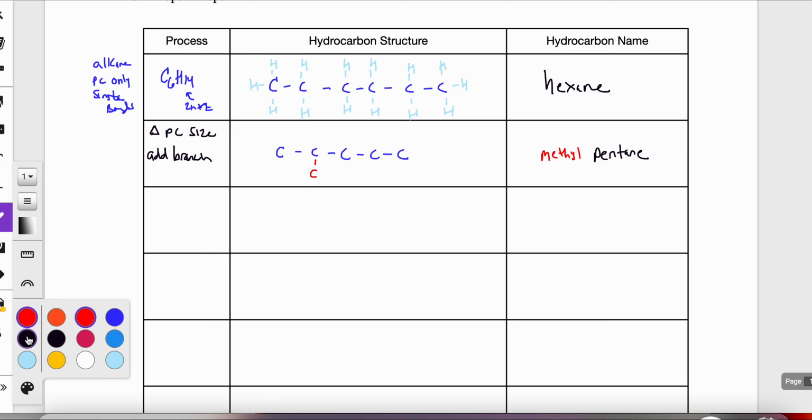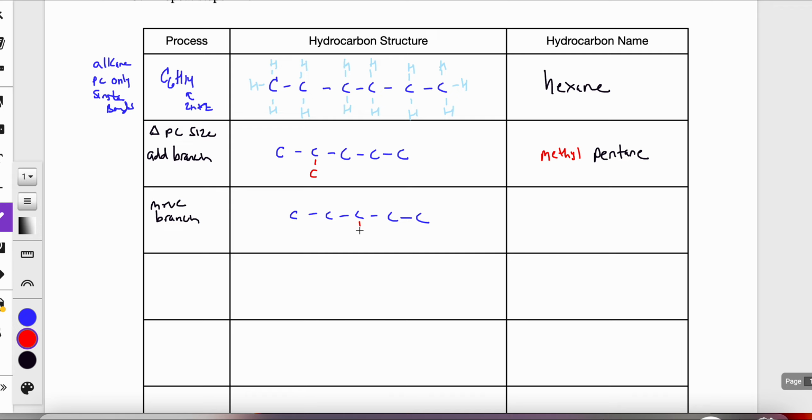Now that I changed the parent chain size and added a branch, because there are more interior carbons, I'm going to move the branch. So I'm going to keep my 5-carbon chain, and I'm going to move that branch 1 position to the right. Just be systematic. In this case, I still have a 1-carbon branch methyl and a 5-carbon parent chain, so I still have a methylpentane.